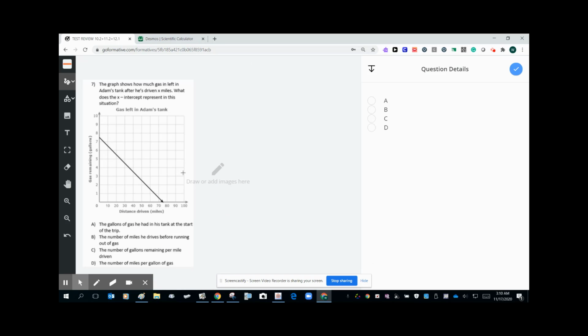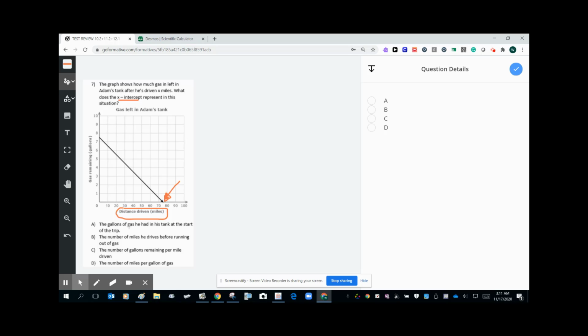Okay, the next one is the graph shows how much gas is left in Adam's tank after he has driven x miles. What does the x-intercept represent in this situation? So we're looking for the x-intercept. X-intercept is right here. And this is the distance. The x-intercept is the distance when there's no gas.